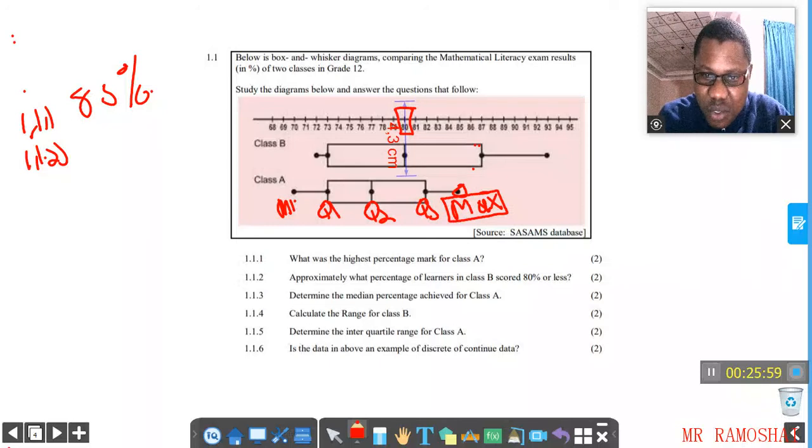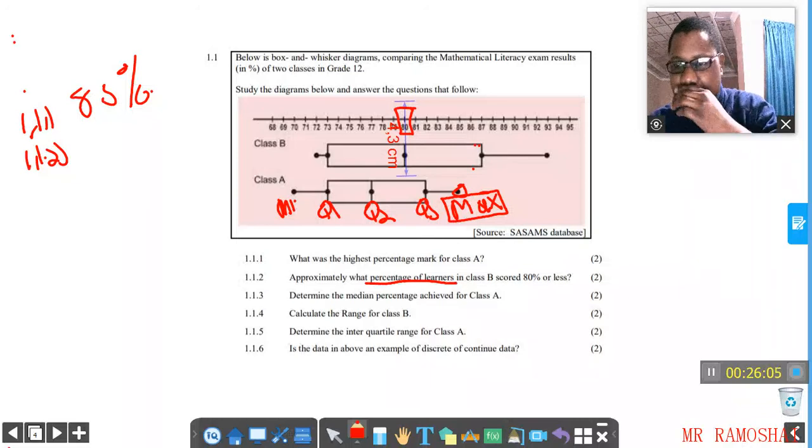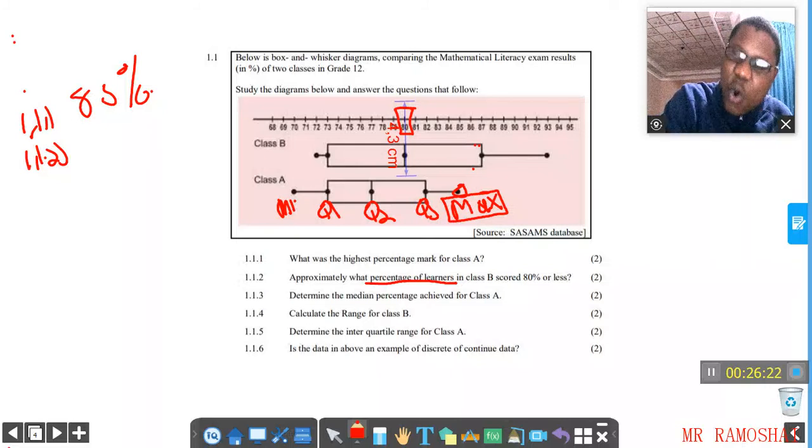We want the percentage of learners, not the percentage of the test. Remember, if the learners were 20, it's 100%. But out of that 100%, there is a percentage that got less than 80% of the marks, right?